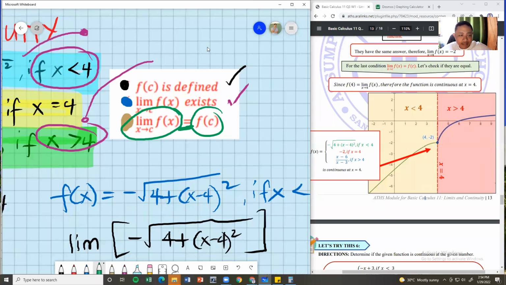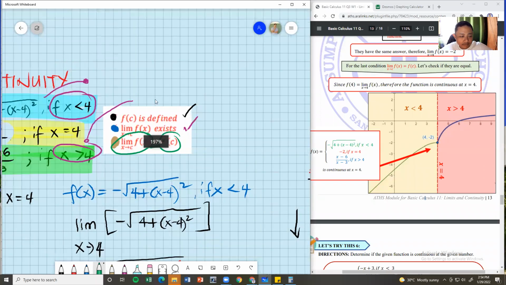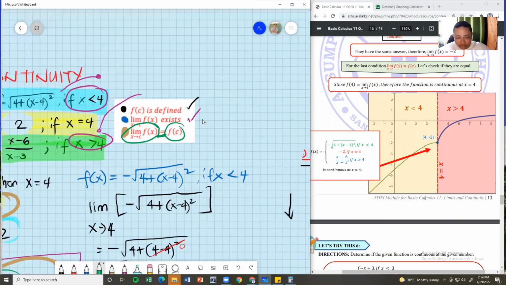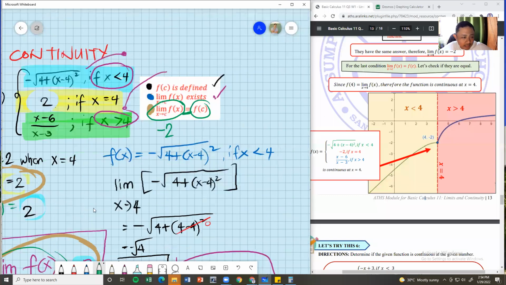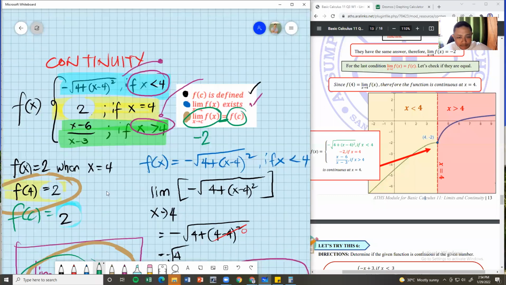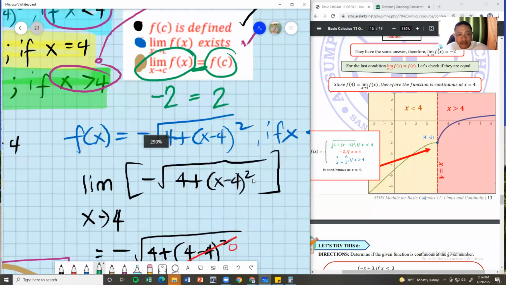The value of the limit here is negative 2. However, your f of c, since I revised the given earlier, became 2. So, are they equal or not? Of course not. They are not equal. Therefore, this does not satisfy our continuity.